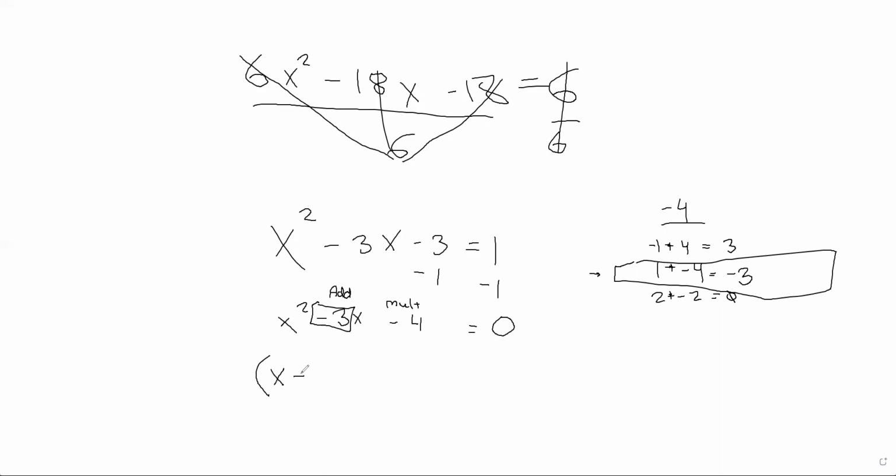So we're going to do x plus a number times x plus a number equals 0. We do x plus our first number, x plus 1, and then x plus our second number, x plus -4. To clean things up a bit, I'm just going to call it x minus 4.